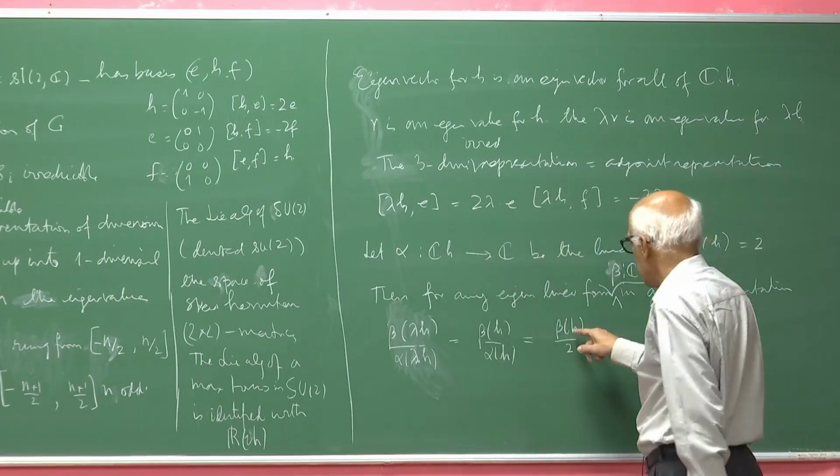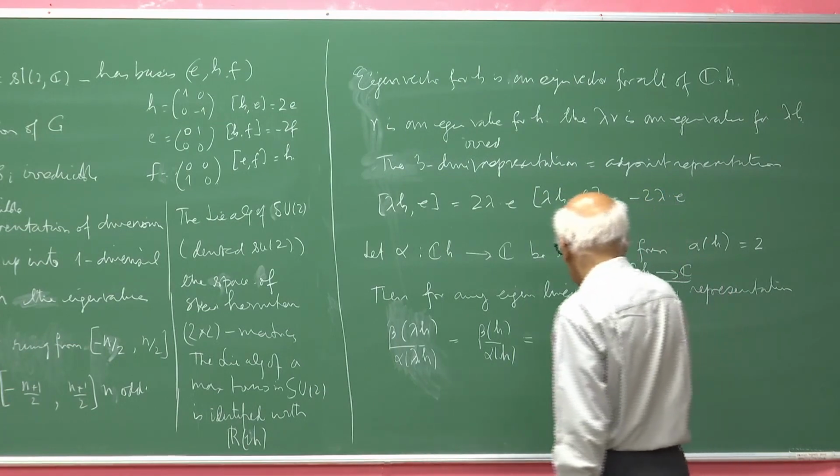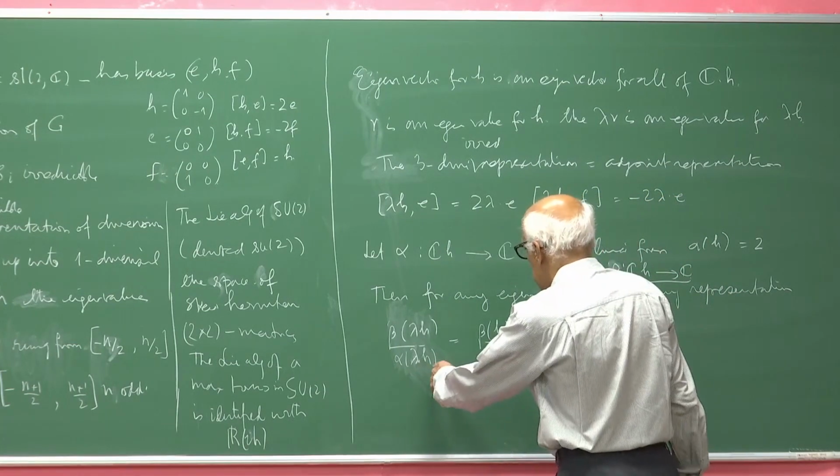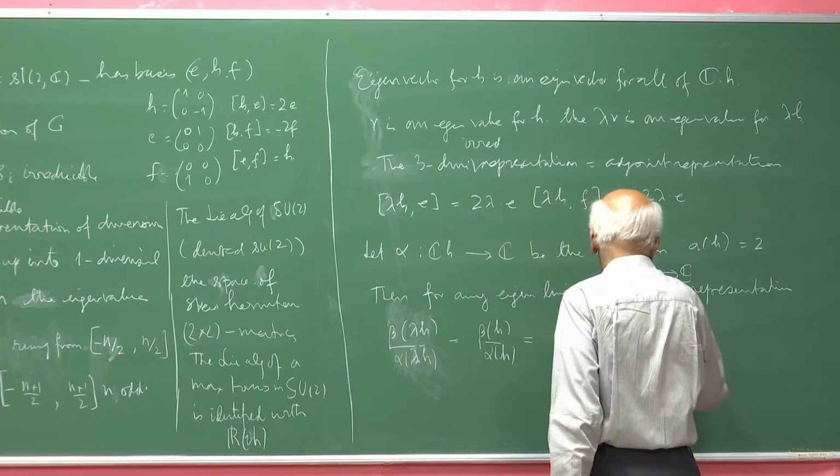And I know that beta H is an integer, so it says therefore that beta H is an integer.